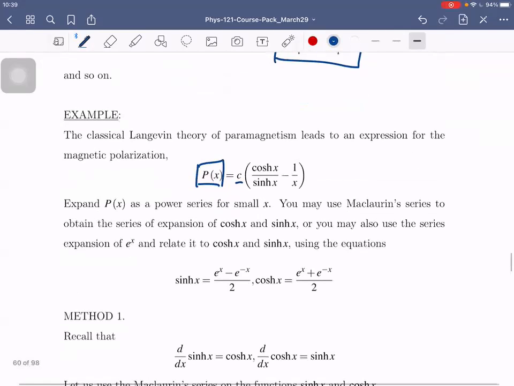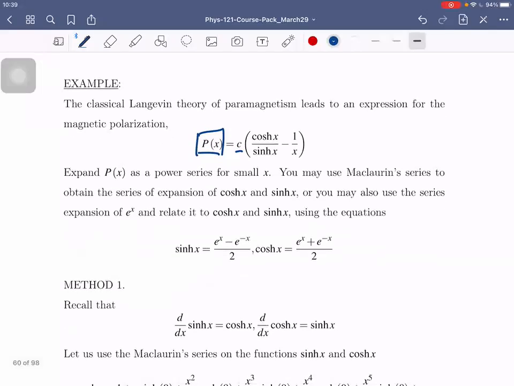So if you recall, usually we call sinh and cosh, but we can just call it also hyperbolic cosine and hyperbolic sine. So we can write these functions in their exponential form.